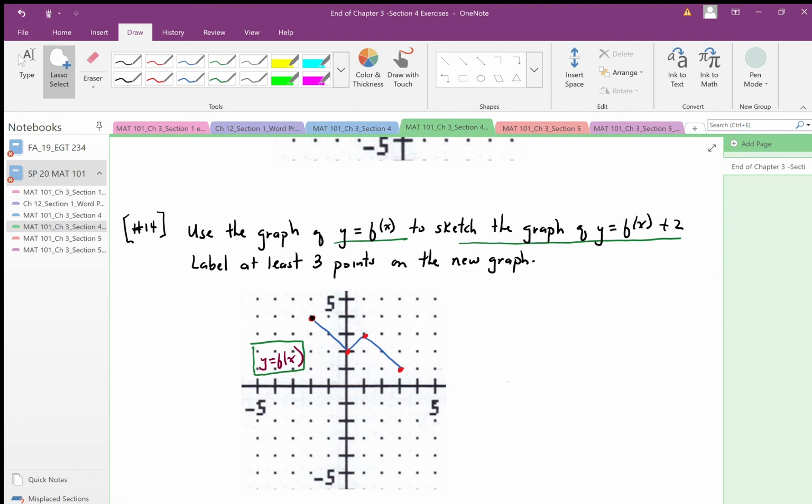And now they want us to find the new points, at least 3 of them. This is (0, 0) right here; 1, 2, 3, up 1. So that's (3, 1). This right here is going to be (2, 0). And then here would be (1, 3). And those are 3 points.